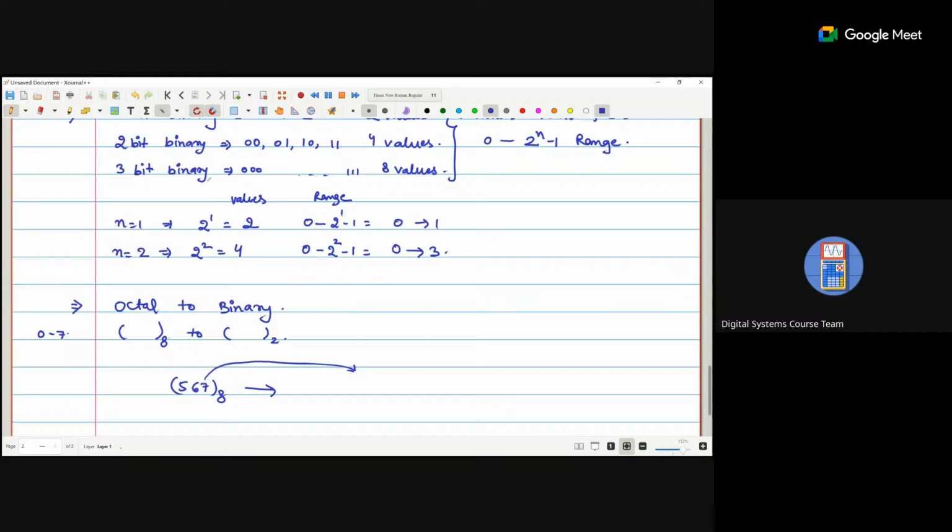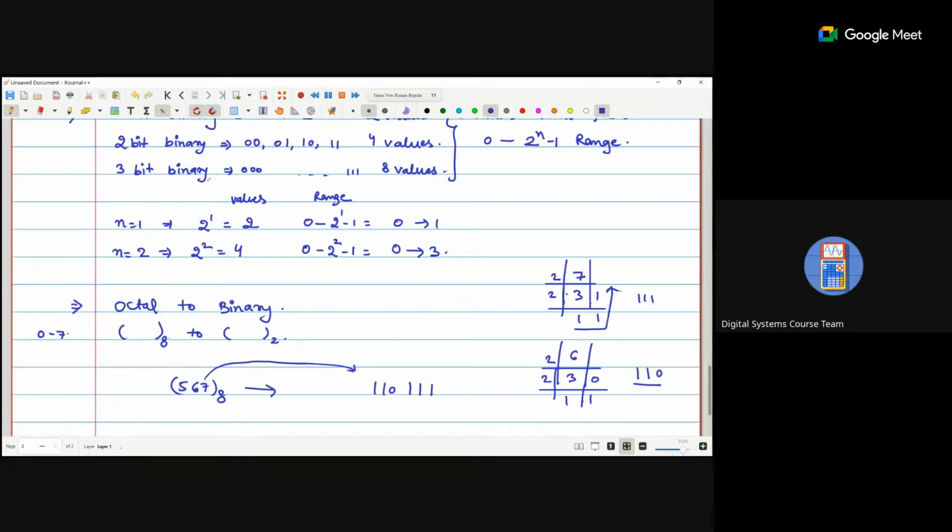So 7. If I want to represent 7, 2 raised to power 2, 1, and 0, the value is 1, 1, 1. So 7 should be represented as 1, 1, 1. 6: 2 raised to 2, 1, 0, so 1, 1, 0.